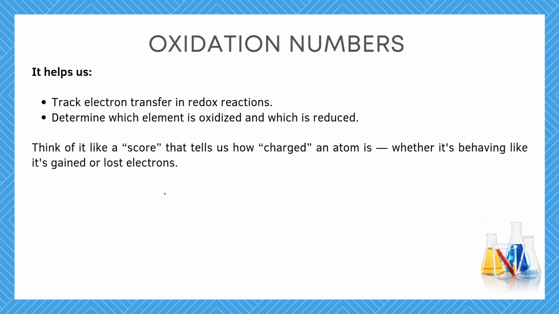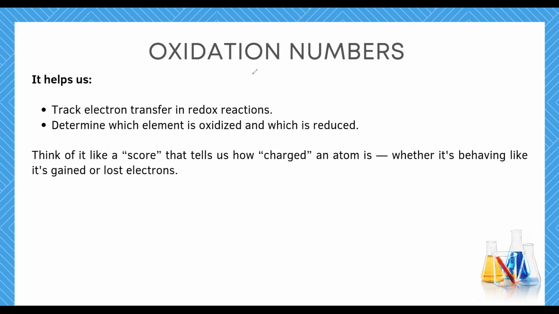First things first, it helps us to track electron transfer in redox reactions. It helps us to know, okay, where is the electron moving from and where is the electron going to? That is the first one. And the oxidation numbers also help us to determine which element is oxidized and which element is reduced.